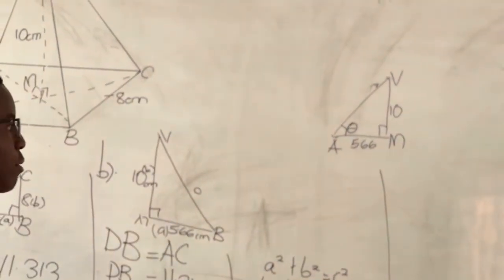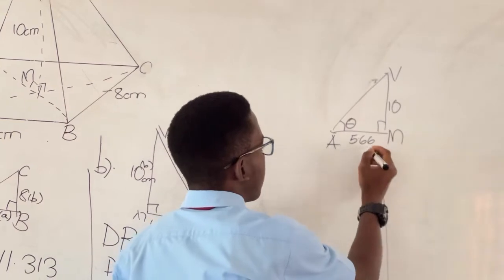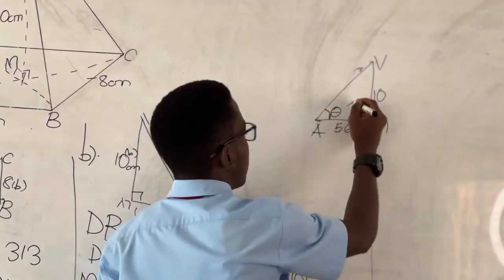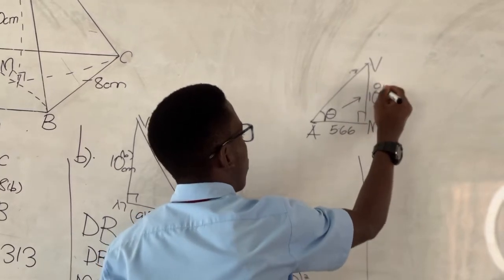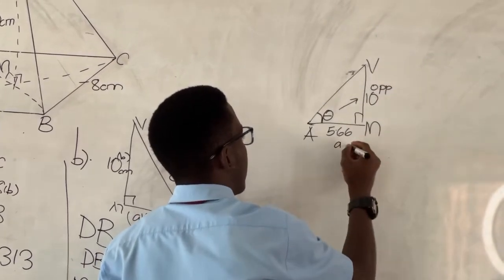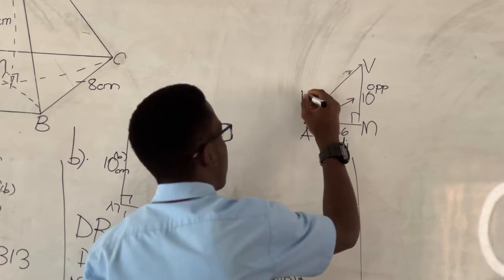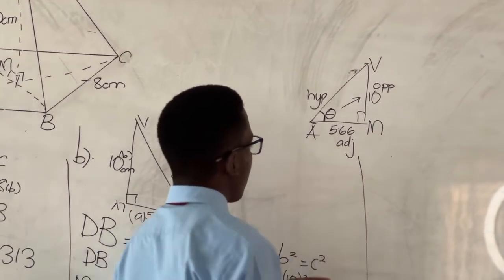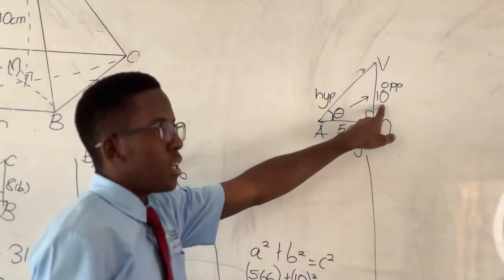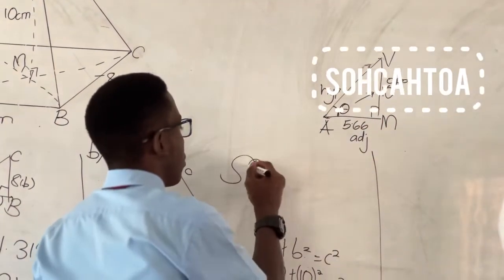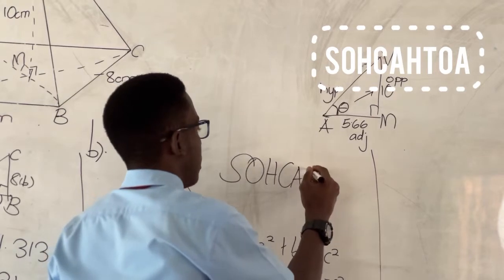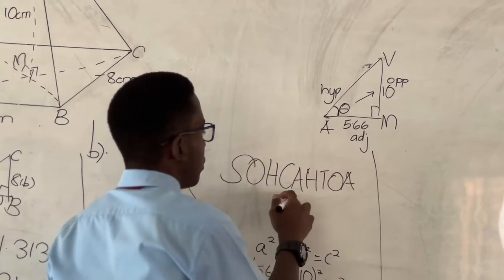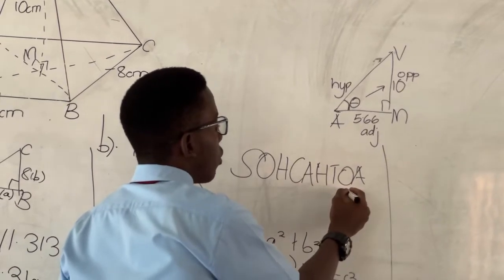The angle can be got because now we have, when you have an angle like this, this is called the opposite, this is called the adjacent, this is called the hypotenuse. And so you quickly say, when you have the adjacent and the opposite, we know from SOHCAHTOA, this one has opposite hypotenuse, adjacent hypotenuse, then opposite adjacent.